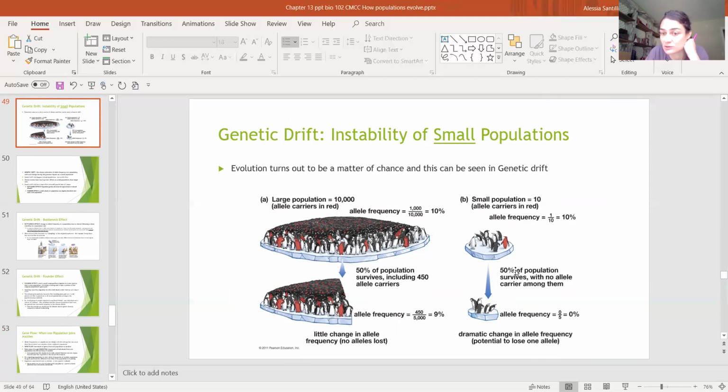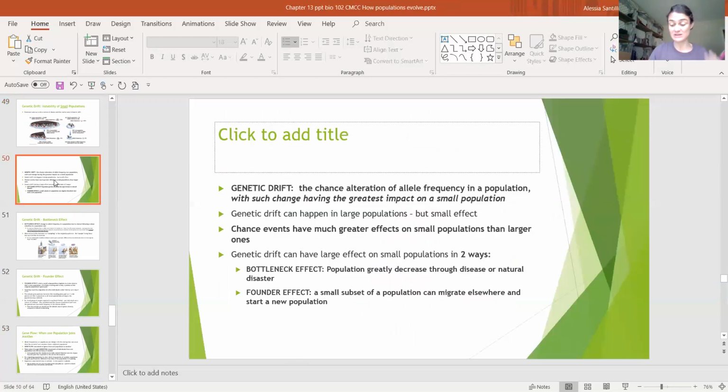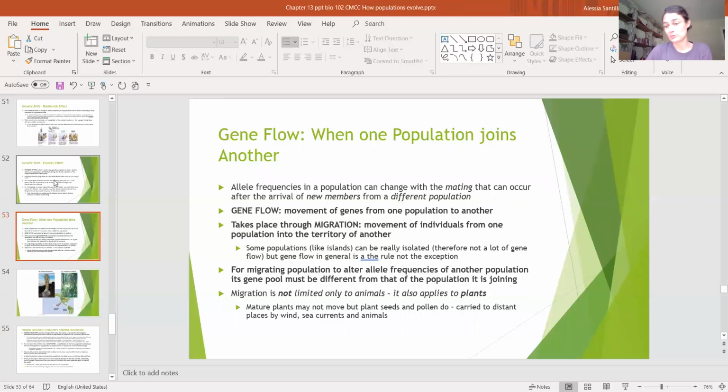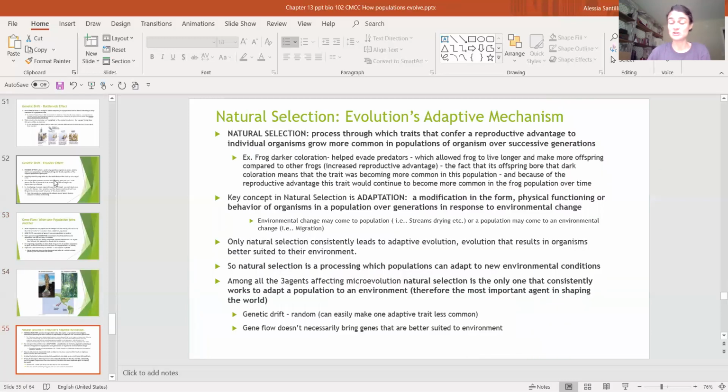That's obviously not good, you've lost those good alleles. But it could also be that the red penguin has the alleles for a disease, so when the earthquake kills that red penguin, it's actually for the better. So gene flow is 50-50, good or bad. Genetic drift is 50-50, good or bad.